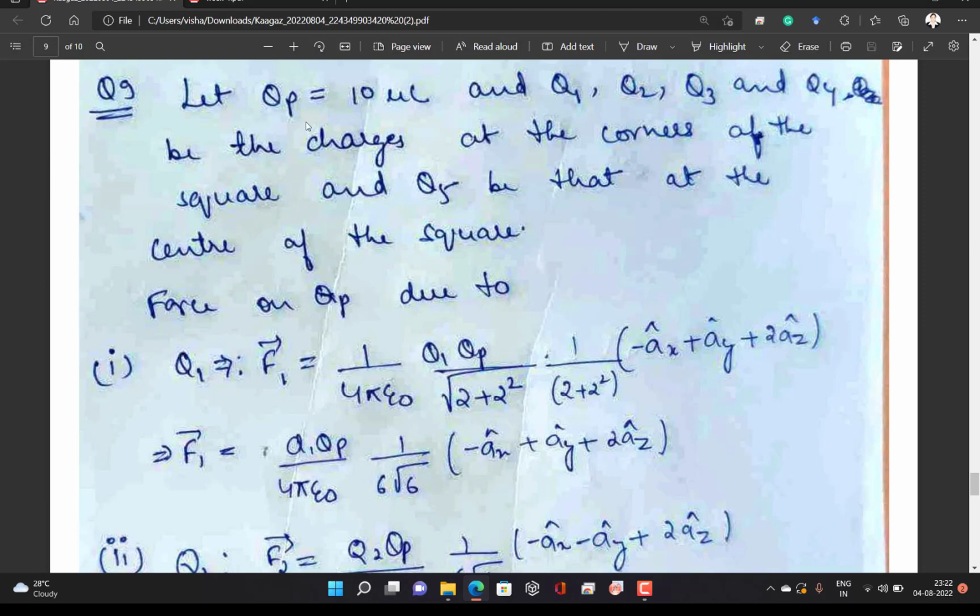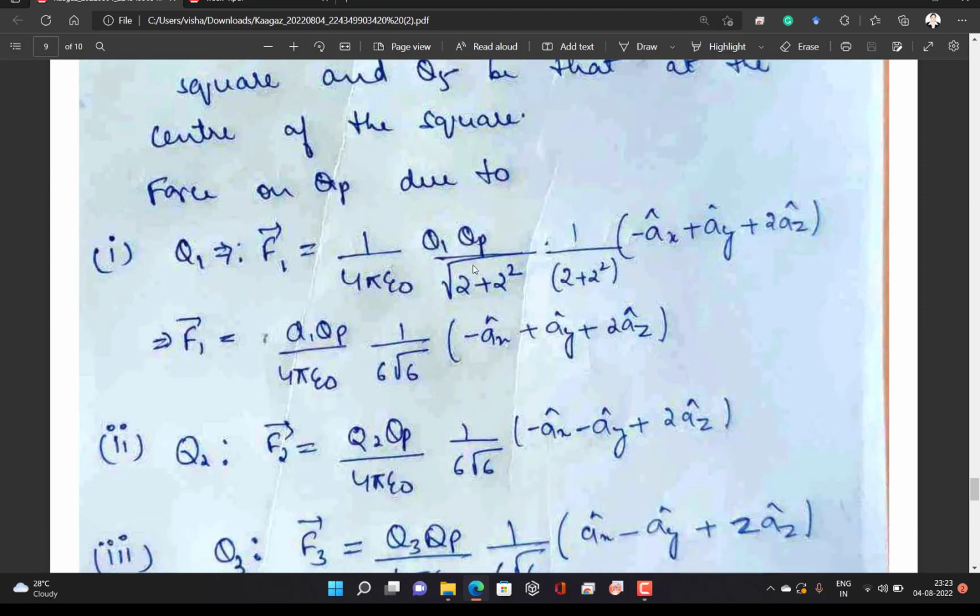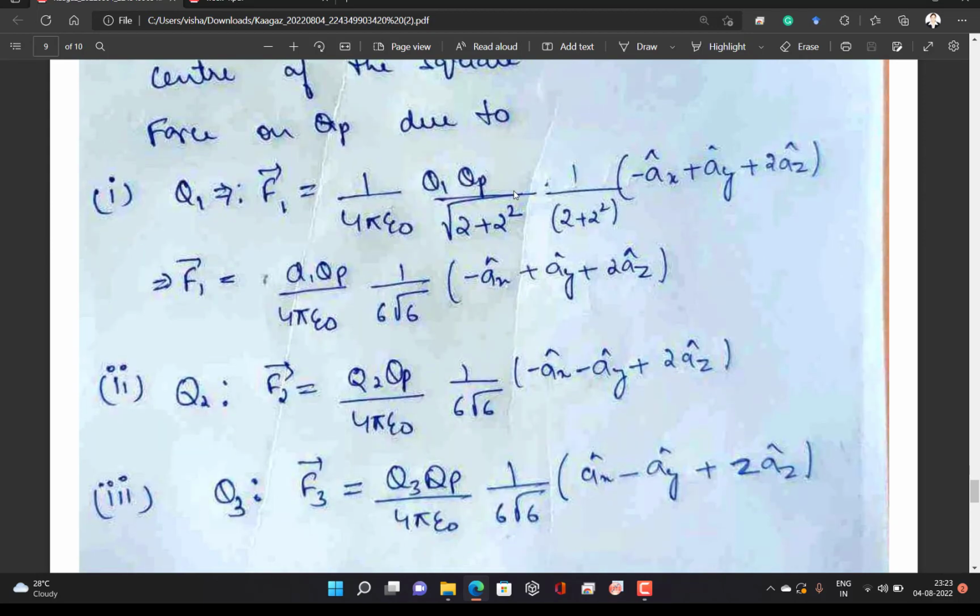So let QP be 10 microcoulomb, Q1, Q2 and Q4 be the charges at the corners of the square, and Q5 be the charge at the center of the square. The force on QP due to Q1 will be F1.